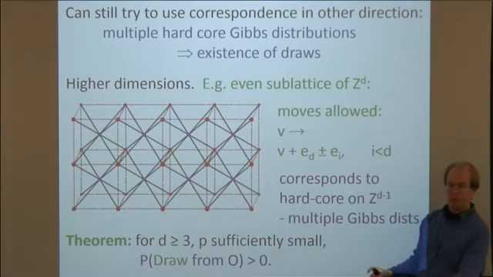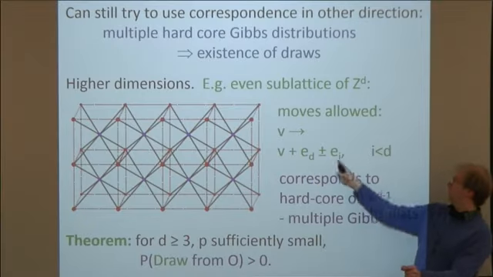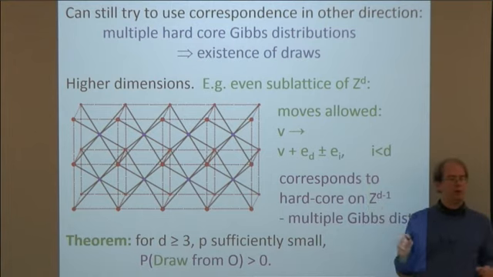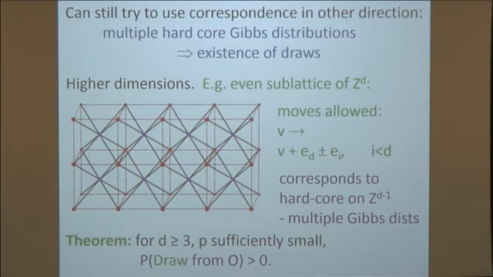So take a d-dimensional lattice, so not Z^d, but the even sublattice of Z^d, the vertices whose coordinates have even sum. And consider the game where you're allowed to move. You have to move up in the vertical direction, and you can move in one other coordinate any way you want. Okay. That's a directed graph.